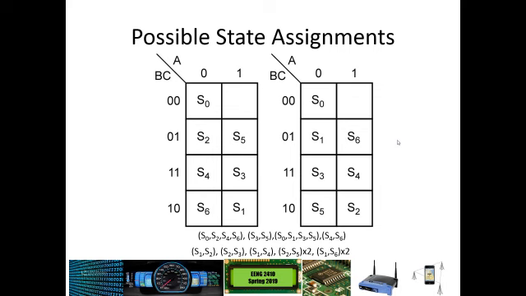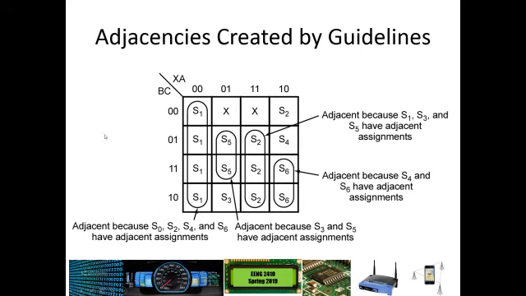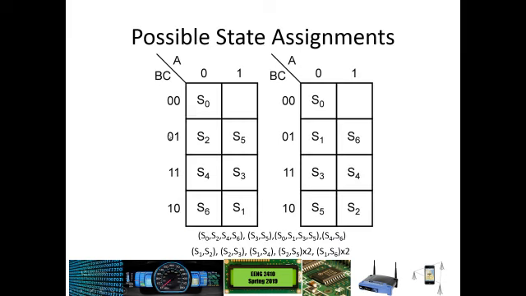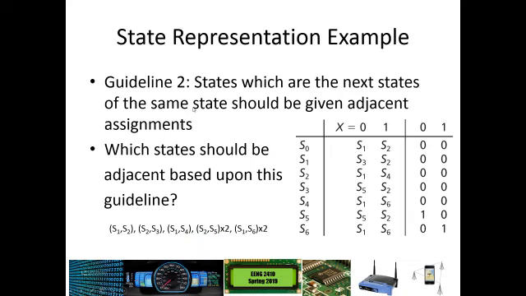Well, if you look at the transitions that will occur, and from here forward we're just going to consider the leftmost implementation. So we're going to consider these as our state assignments. Let's look at what actually happens in binary relative to the state changes. So if you're in these states represented by 0, 0, 0, which in this case is going to be S0, then if you go back to your transition, with x equals 0 you're going to S1.